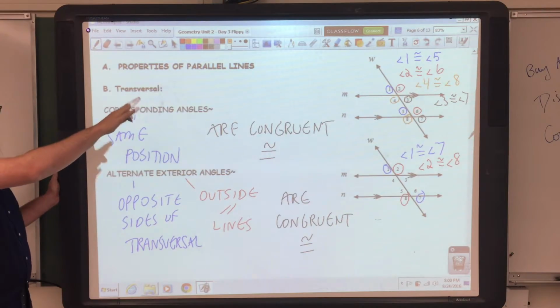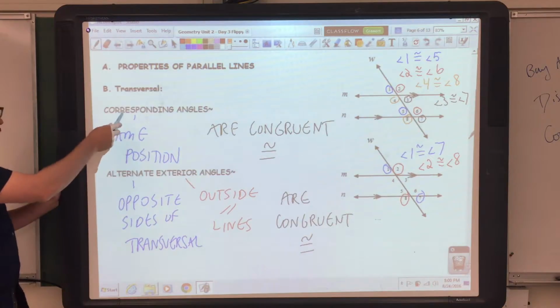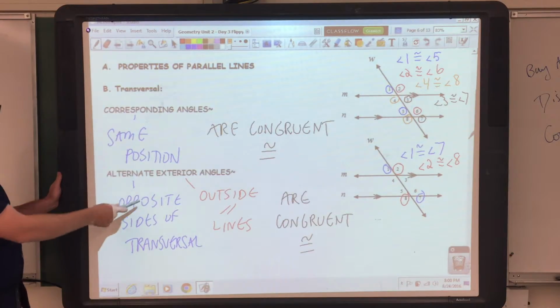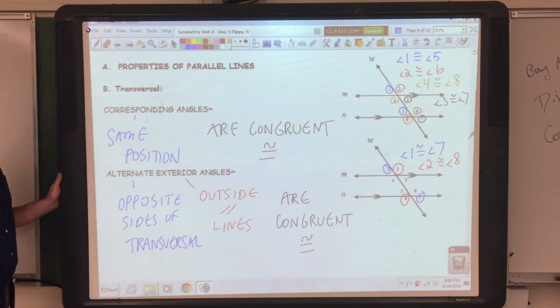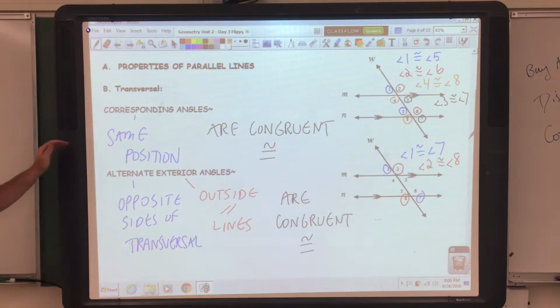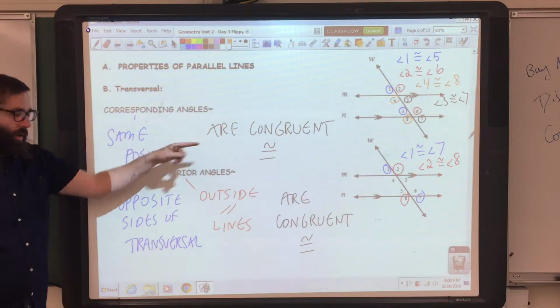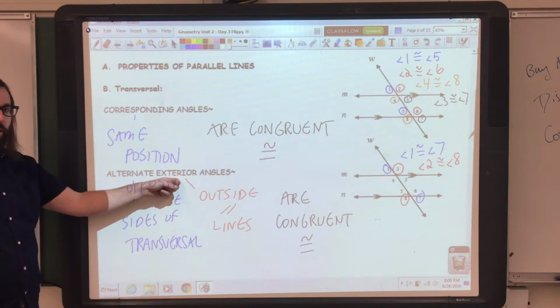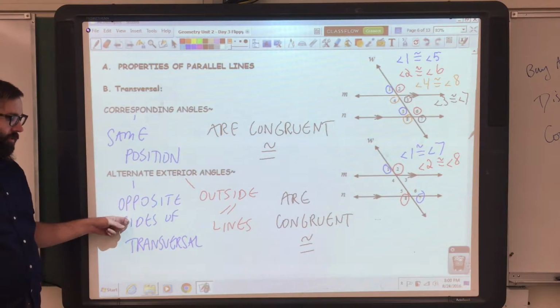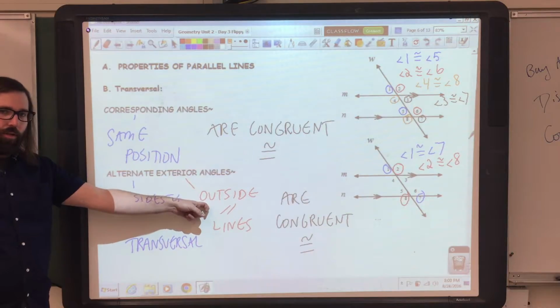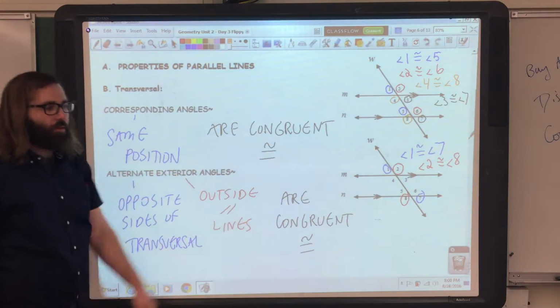Make sure you write which angles are congruent so you know that they are corresponding up there, their alternate exterior on that one. So corresponding, same position, congruent. Alternate exterior, opposite sides of the transversal, outside of your parallel lines, congruent.